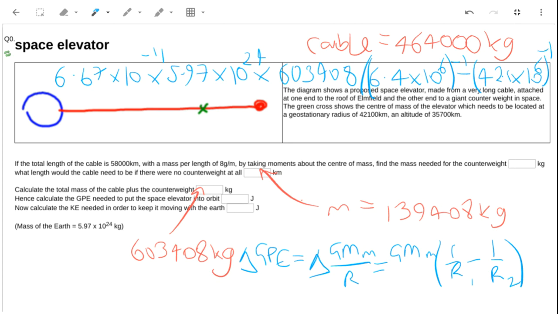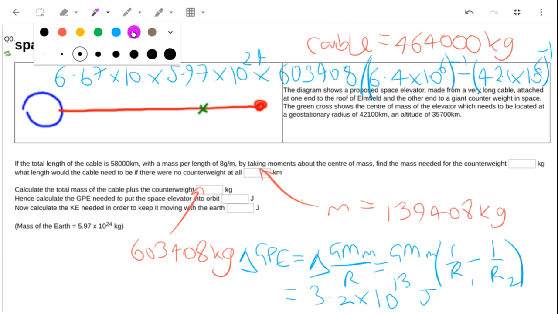Plug that whole thing in, 6.67 e to the minus 11 times 5.97 e to the 24 times 603,408 times 6.4 times 10 to the 6 to the minus 1 minus 42.1 times 10 to the 6 to the minus 1. And that gives me a huge number, 3.2 times 10 to the 13. So it's a lot of energy.